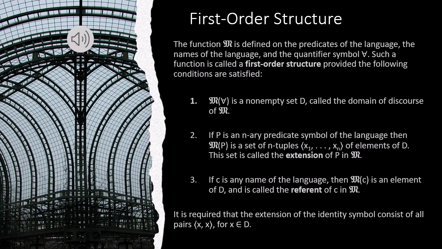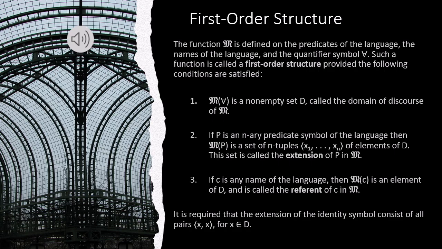Now, when we go on to prove the completeness theorem and the soundness theorem for first-order logic, instead of referencing truth tables, we'll have to reference these first-order structures to understand the semantics of our sentences.